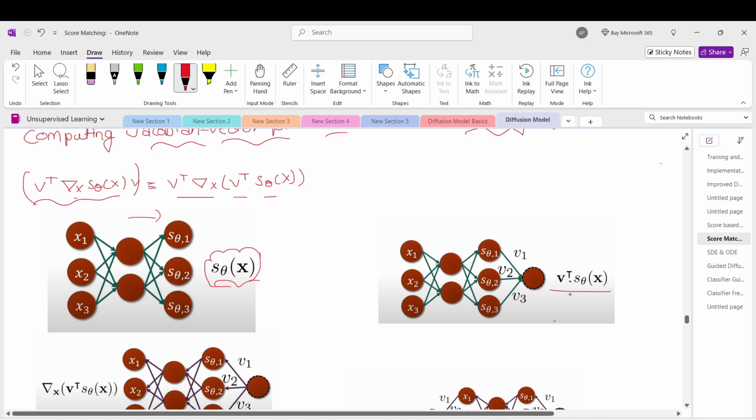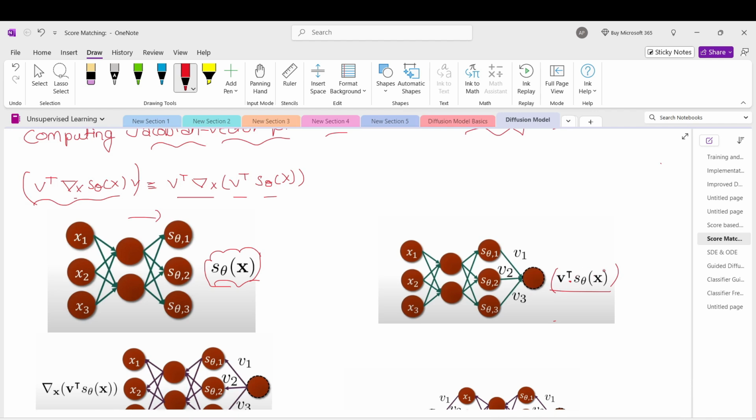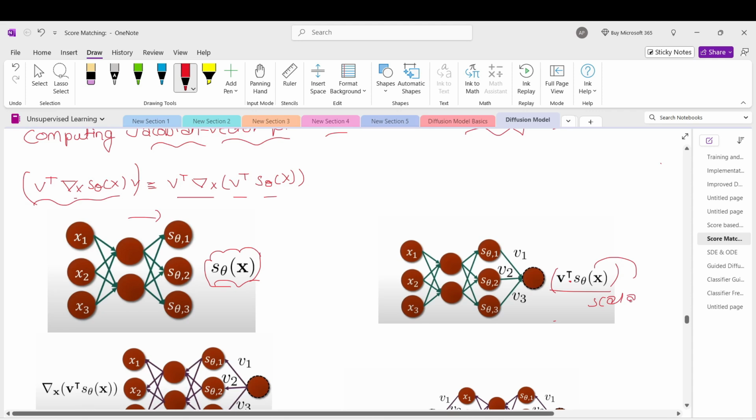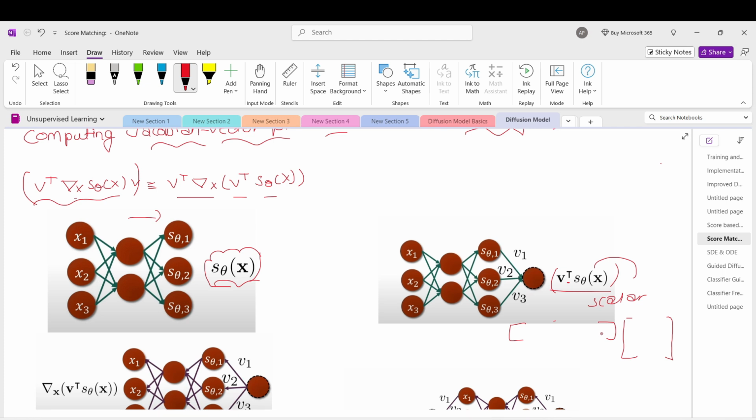This is the dot product between these two vectors, and the result is a scalar, because when you take the dot product of two vectors you do an element-wise operation and add each element. So you will get some scalar value.